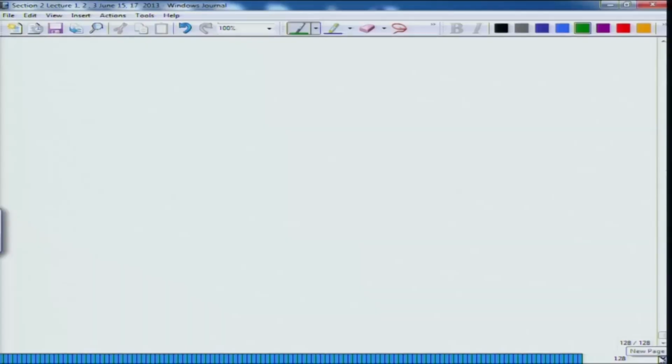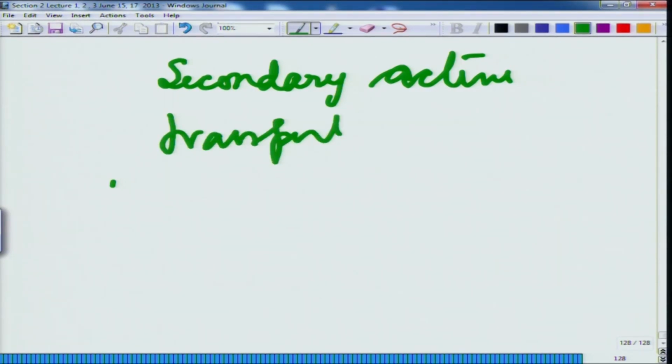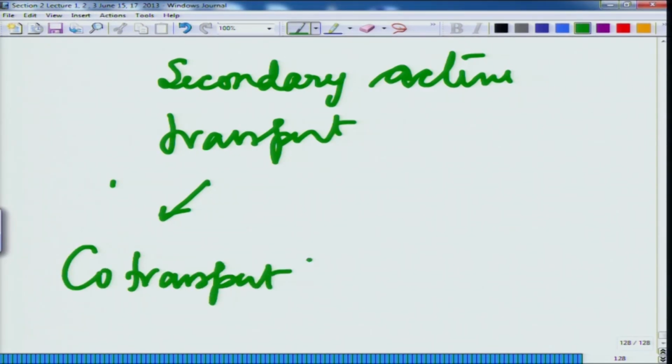Okay. So, now from here we will talk about the secondary active transport. Secondary active transport is of two types. One is called co-transport, the other one is called counter transport.